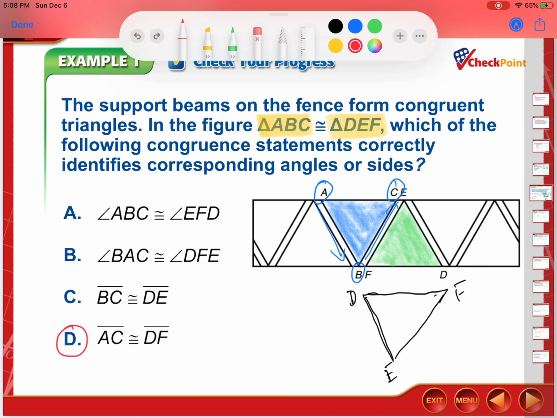So let's look at the angles first. So angle A, the first position in the first triangle ABC. So that first angle is A. That angle is congruent to angle D because they're in the first position in that statement. Likewise, angle B and angle E are also congruent because they're in the second position.